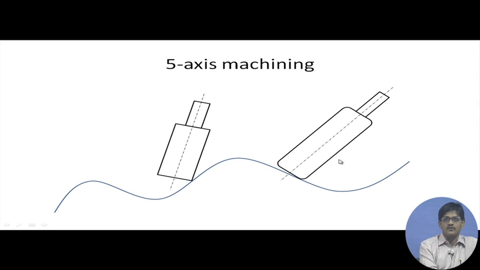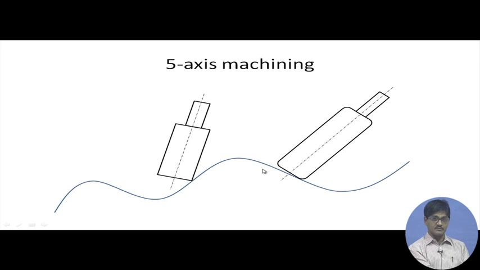However, this is not always the case if you have a more sophisticated machine. If you have a 5 axis machine where the cutter can be rotated about a horizontal axis, once this way and once the other way, once along this axis and another time along the axis coming out of the plane of the paper, then even a flat ended milling cutter can be made to machine this particular surface, because it will now be able to go right up to the end, cutting by its edge.